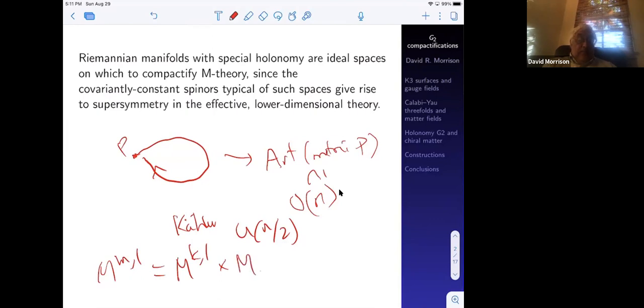And the Riemannian manifold should have dimension m minus k. So this is the Riemannian manifold.